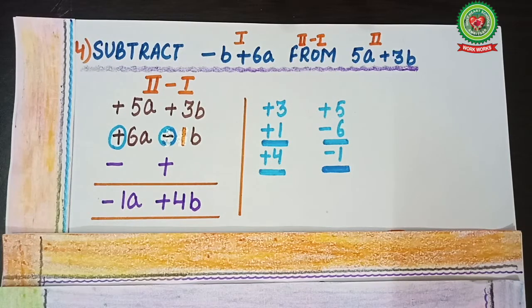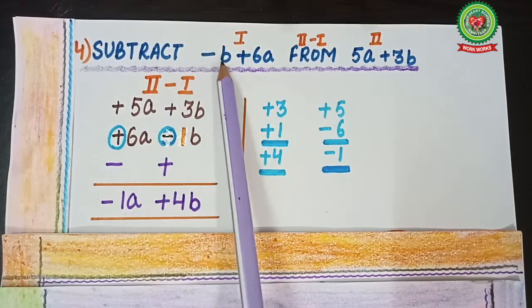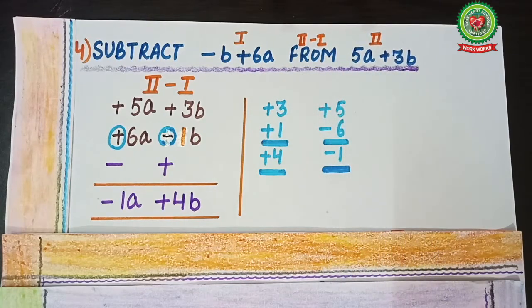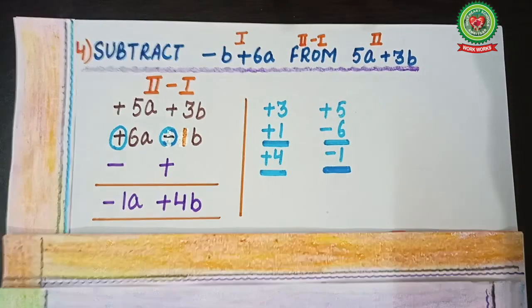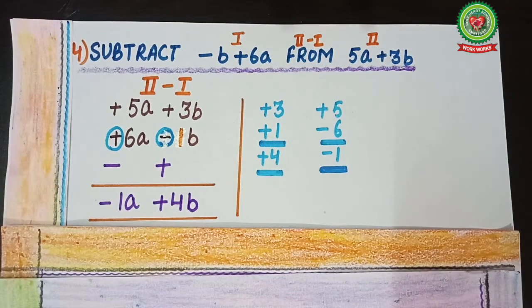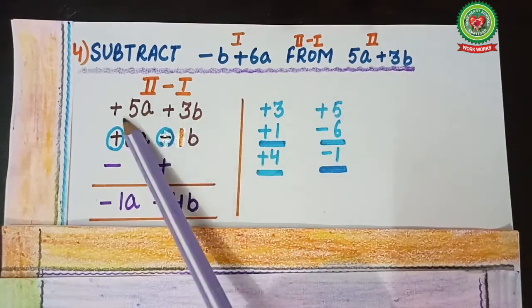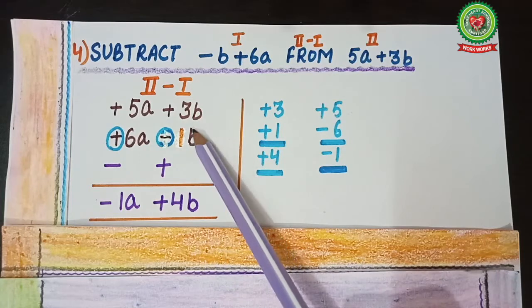Here is example number 4. Subtract minus b plus 6a from 5a plus 3b, right? Now here again, we will follow the same steps that we have followed in the last examples. So here you will write the second expression first, that is plus 5a plus 3b, right?